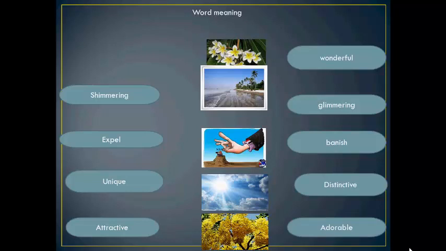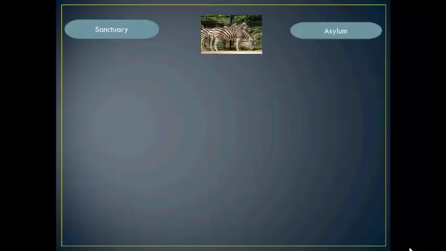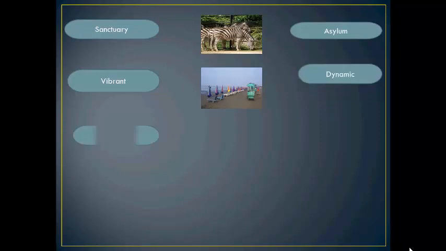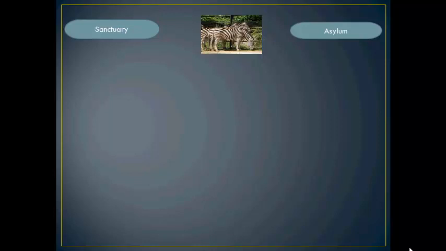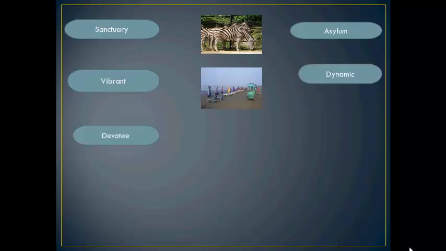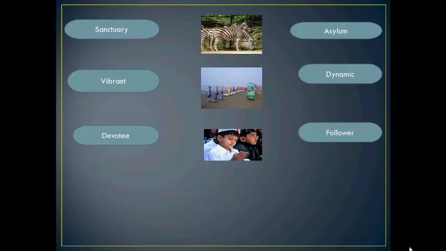Here we see a word, adorable. Here we see some words and synonyms. Sanctuary, asylum. Vibrant means dynamic. Devotee means follower.